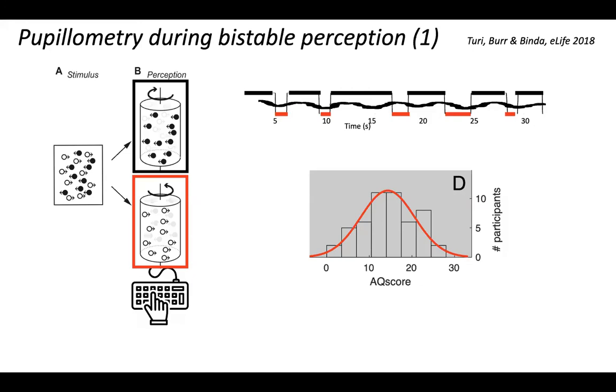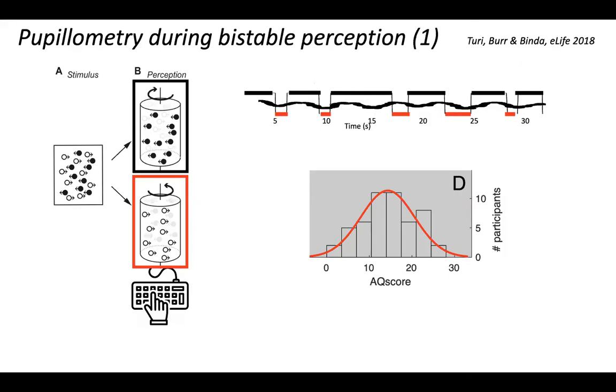So as a participant, you would be asked to use the keyboard to track the direction of rotation of the cylinder, and that's what we recorded here with the bistable oscillations. And meanwhile, we also recorded pupil diameter.